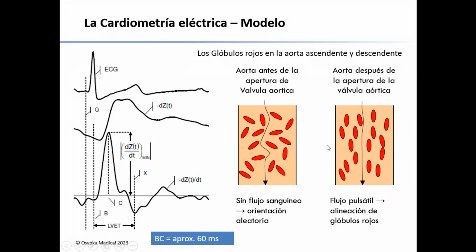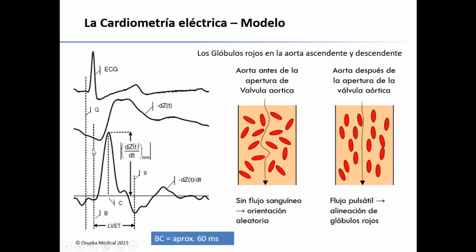Now, if you measure with electrodes over the aorta the impedance of the aorta, the electrical current has to circumvent the red blood cells in this case. When the aortic valve opens, the electrical current can go straight by these red blood cells. That's kind of a simple approach, but that's basically how it works.